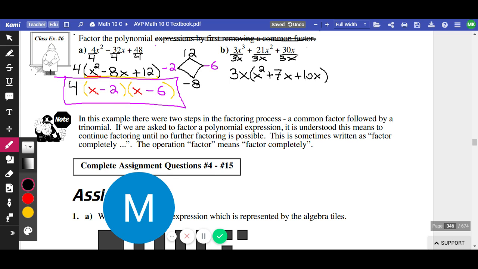You then count how many terms are in your leftover thing. In this case, there's 1, 2, 3. 3 things left over. I look at my tree. 3 terms means I use diamond.